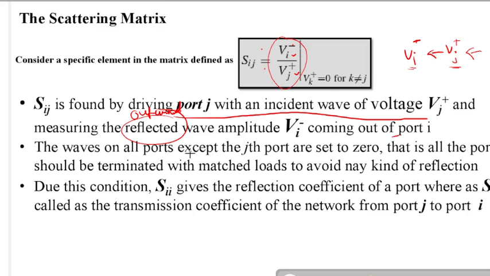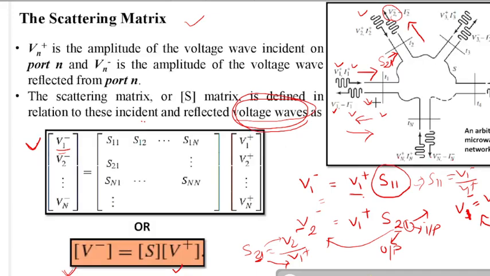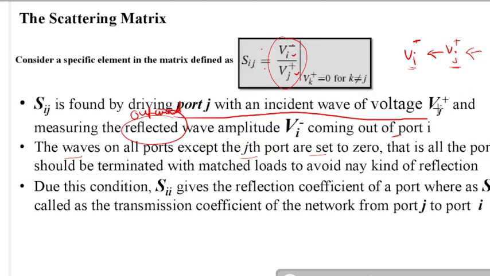Now the waves on all ports except the J port are set to 0. That means if I am measuring port 1 and port 2, then we consider that nothing is coming from all these other ports. So no voltage is applied and these are matched loads. Matched load means there won't be any reflection internally so that no extra voltage is added.